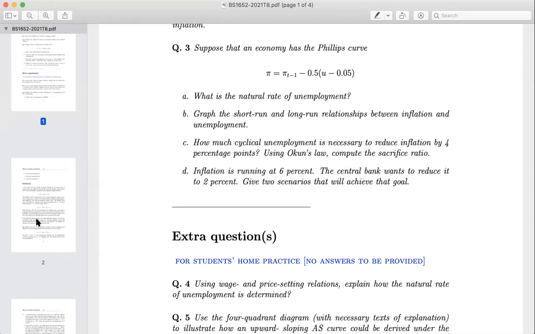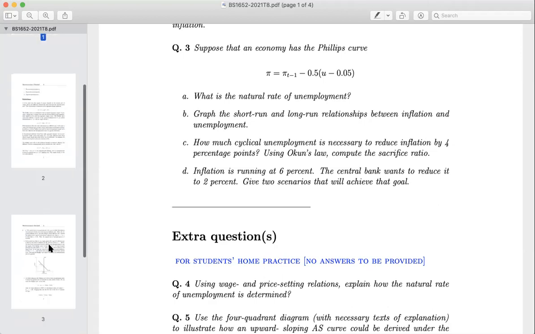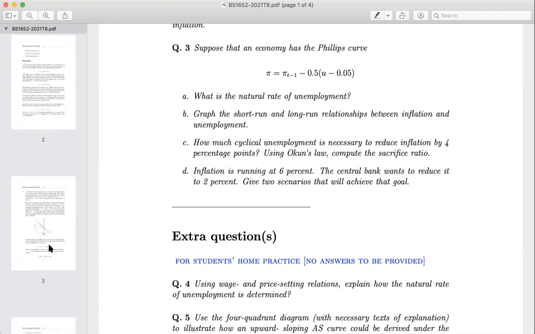So if we calculate the unemployment rate after reducing the inflation rate by 4%, that will give us the actual unemployment rate. Then we can see how much that deviates from the natural rate of unemployment, and that will give us how much cyclical unemployment we need to bear if we were to reduce inflation by 4%.